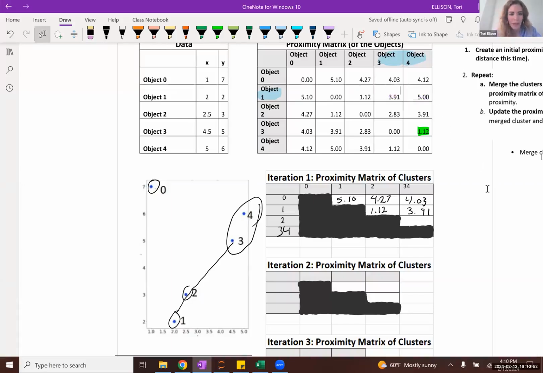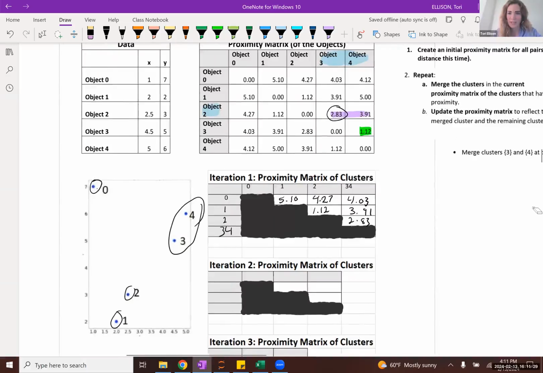Okay. And finally, the distance between cluster 2 and cluster 3, 4 is going to be the distance between the two closest points. So we can see that observation 2 and observation 3 are the two closest points in these two clusters with a distance of 2.83. So therefore, the distance between cluster 2 and cluster 3, 4 is 2.83.